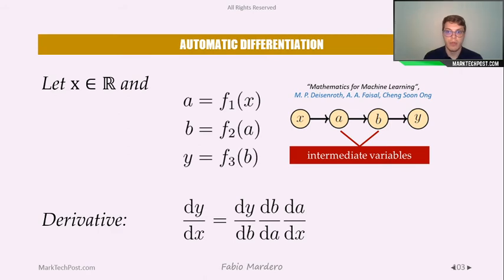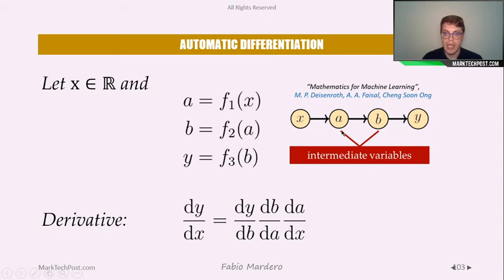For example, here we have this computation in which we start from x, our input. We compute a function that gives us a. Then, given a, we compute b, as here. And then from b we get our output, that's y.